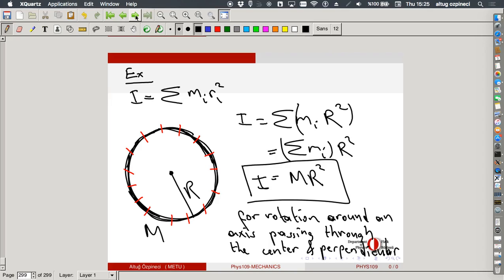Okay. So where is the center of mass of this wheel? At the center of the wheel, right? Somewhere over there. So is it fixed? It's not fixed. Is it moving? What kind of a motion does it do?